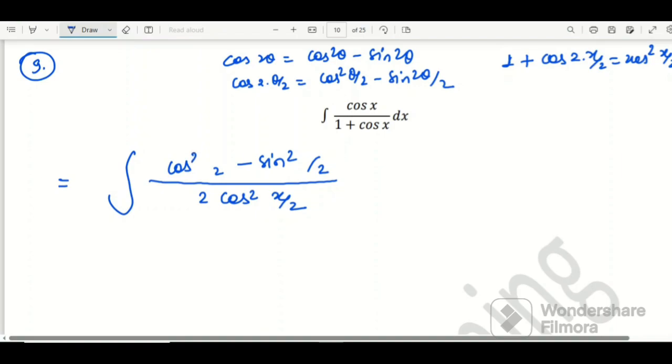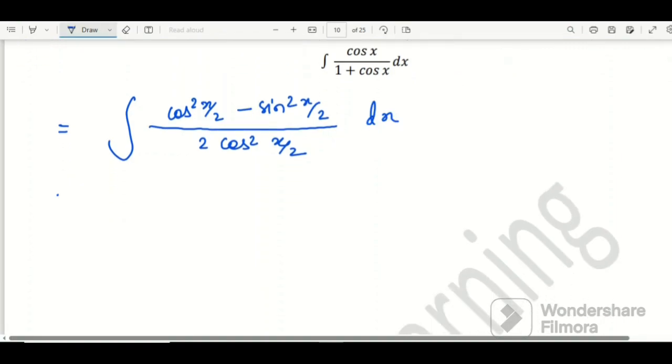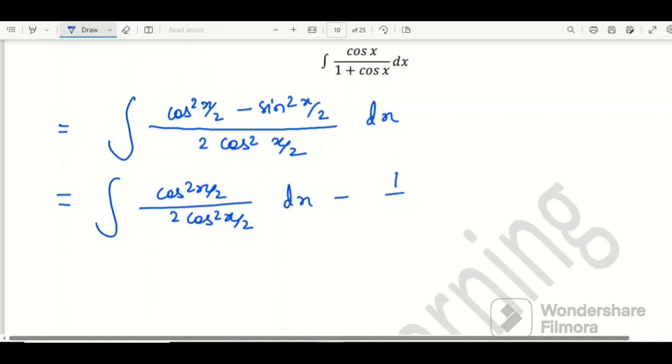So now we'll have cos square x upon 2 minus sin square x upon 2, divided by 2 cos square x upon 2, dx. I'll send the 1 by 2 outside, so it will be sin square x upon 2 by cos square x upon 2 dx.